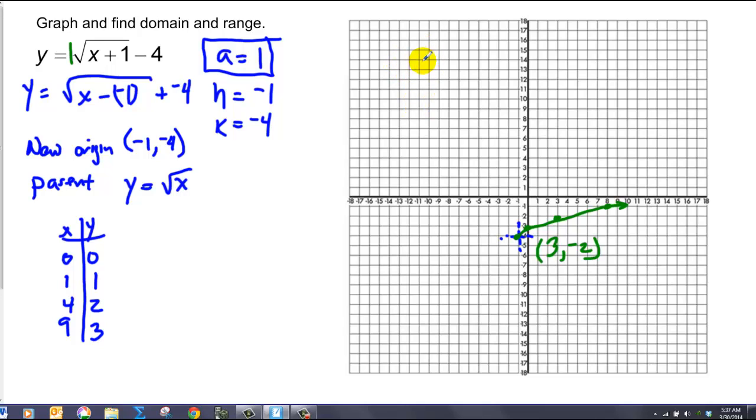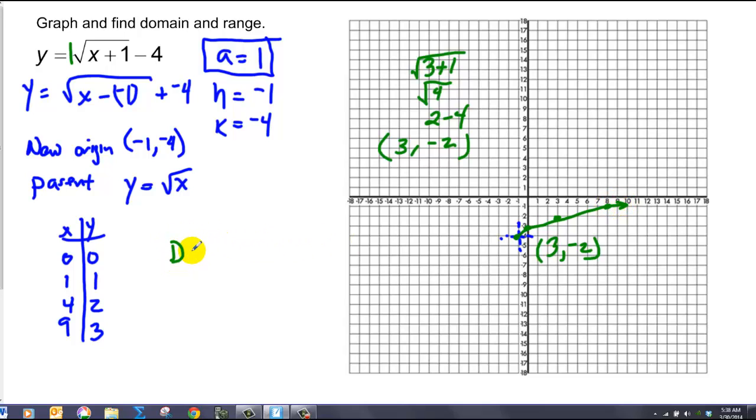I have the value of 3 going into x, so that's 3 plus 1 square rooted, which is the square root of 4, which is 2, and I subtract 4 from that, and I get negative 2, which gives me once again the point 3 and negative 2. So this point checks, which means I probably graphed this correctly.